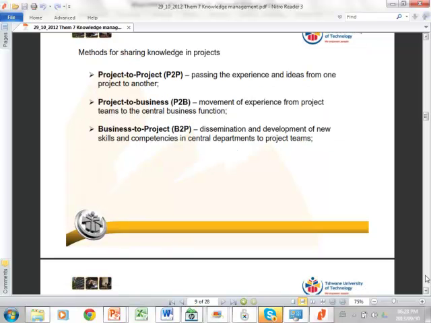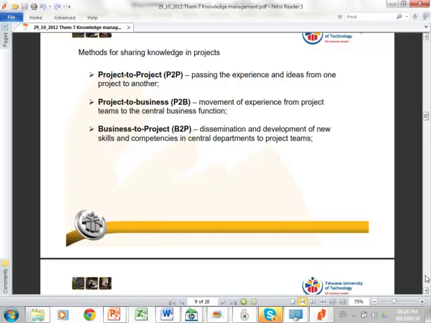Okay, so the methods for sharing knowledge in projects, project to project learning. So that's where you pass ideas from one project to another. Project to business. So this is movement of experience from project teams to the central business function. So here are projects that are happening over here at the bottom of the organization. We extract the knowledge here and it actually impacts at the top level of the organization.